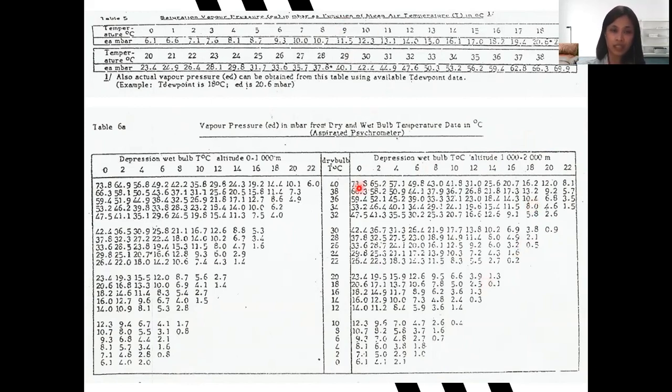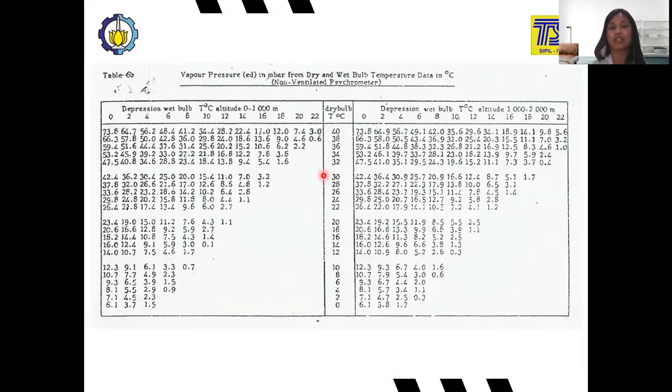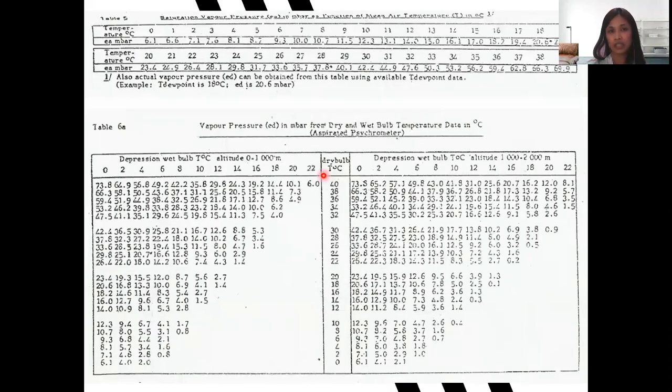And then here, if we have the data of the dry bulb temperature, we can use this table. But if we don't have it, we can still use the equation. There is this equation regarding the relationship between EA and ES.